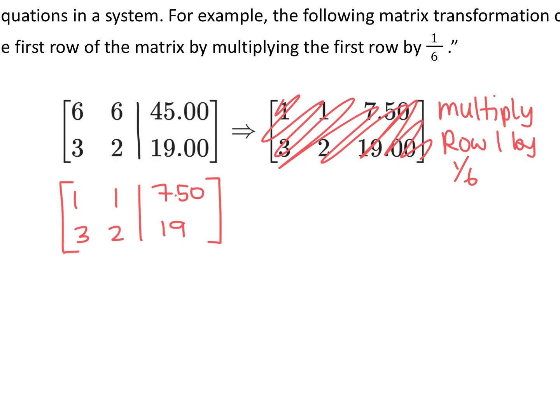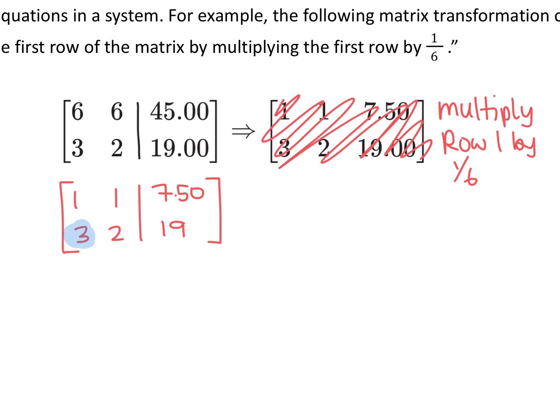That's good. Remember what the reduced row echelon form looked like. On the left, it had a 1, 0, and then below that was a 0, 1. So we want to try to get this one over here to be a 0. Okay, let's try to do that next.